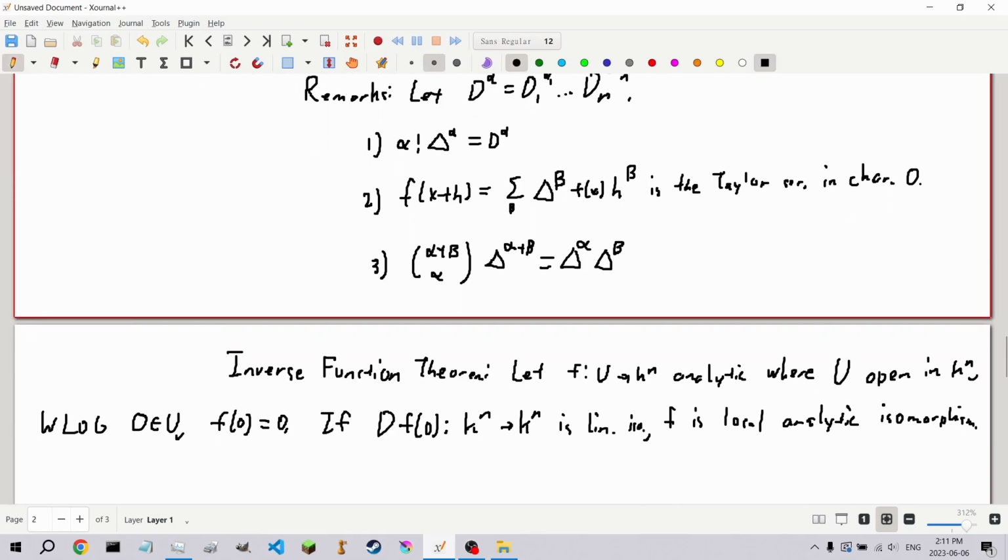In the proof, I hope you've already seen it for the real and complex case. So we're going to just let k be ultrametric.